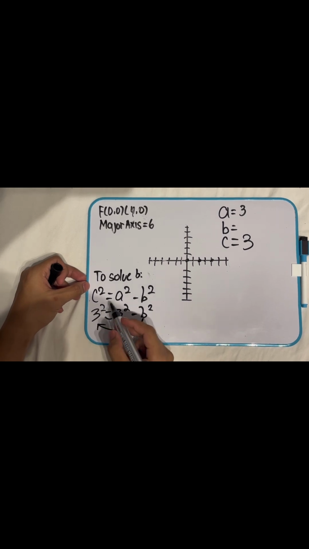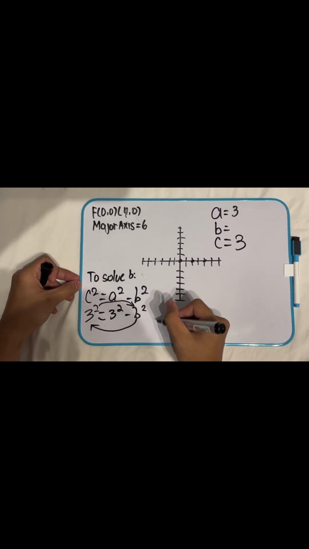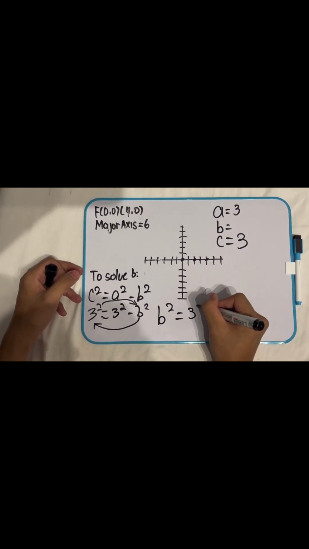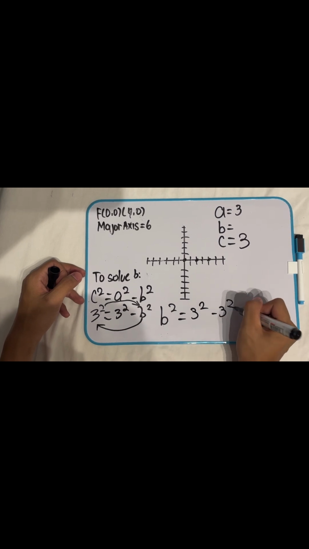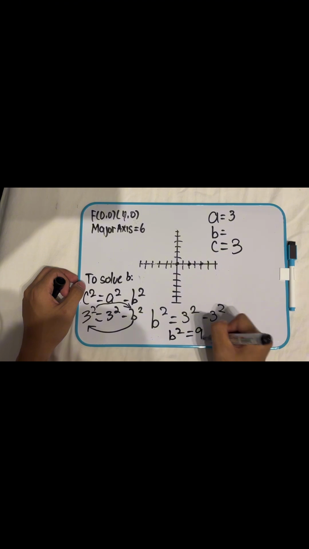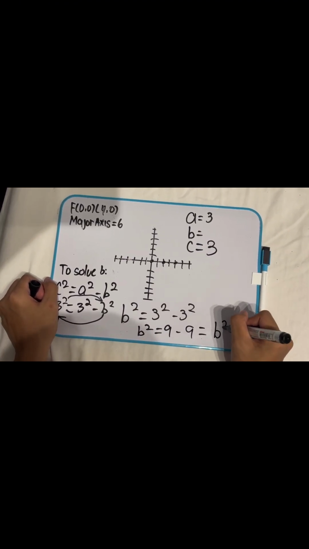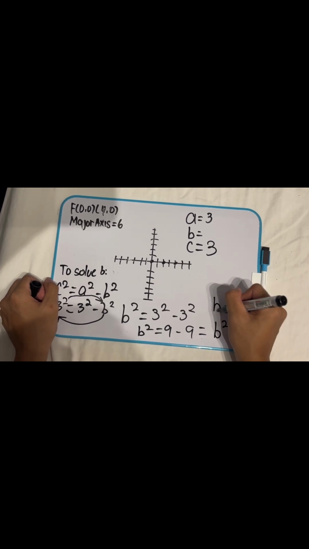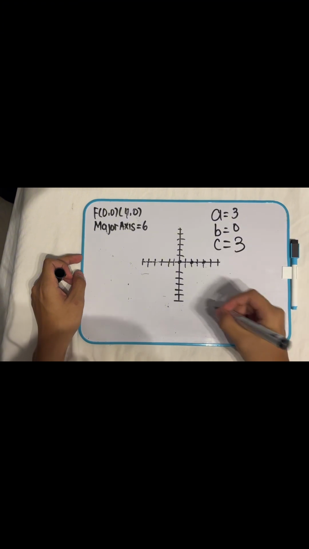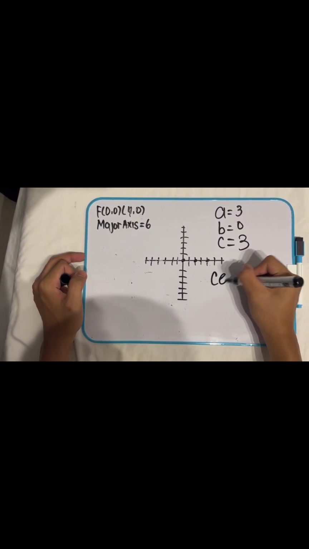Transpose this to this. So we get B squared equals 3 squared minus 3 squared, which is 9 minus 9, so B squared equals 0, or B equals 0.